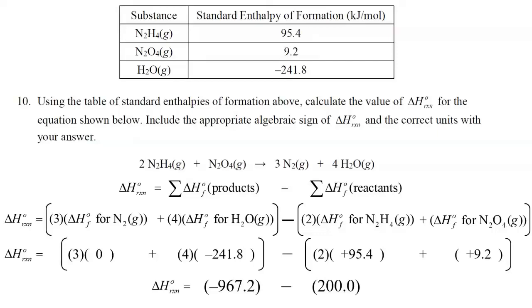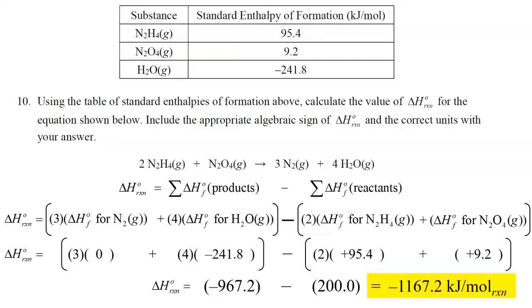It's negative 967.2 minus 200. So the answer on my calculator is negative 1167.2, and the units are kilojoules per mole of reaction. So the answer to number 10 is negative 1167.2 kilojoules per mole of reaction.